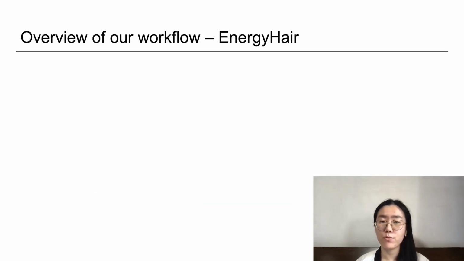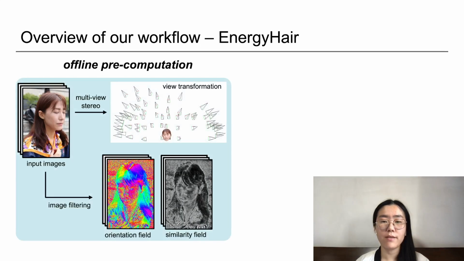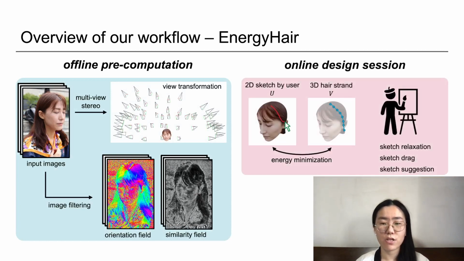Here is the overview of our work, EnergyHair. Our workflow includes two parts, the offline pre-computation and the online design session. The offline pre-computation uses real human images to reconstruct a 3D human head as well as multiple viewpoints, which would support users' 2D sketches.